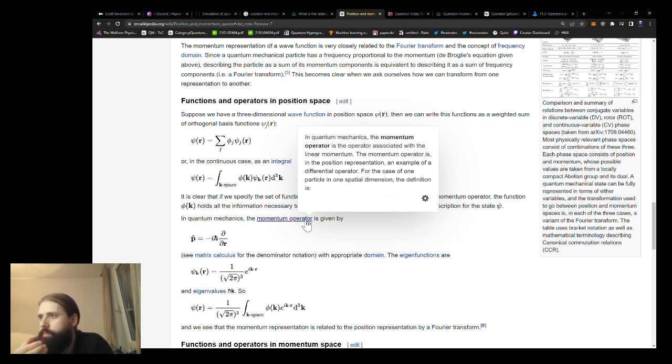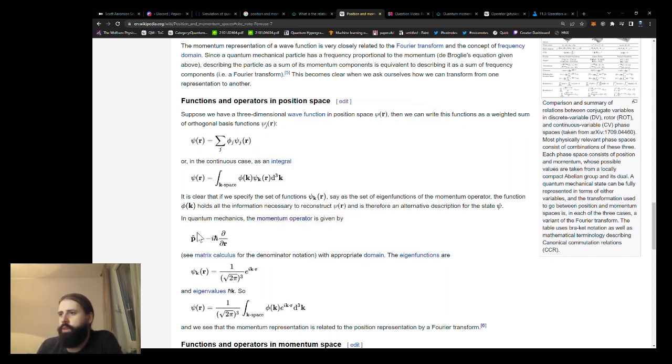So these kind of make sense. It's defined as, there's a derivative of the position in a way.